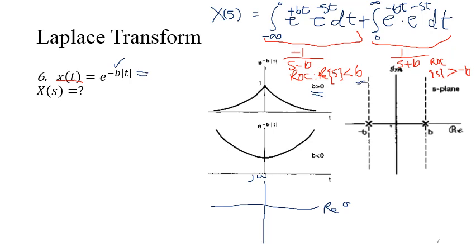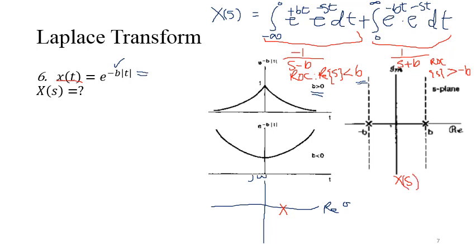So for example, this b, I denoted by a cross, and you understand why, because if you simplify the two expressions, you will get X(s).